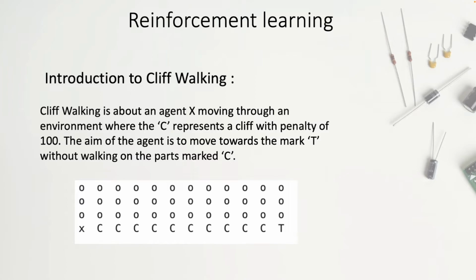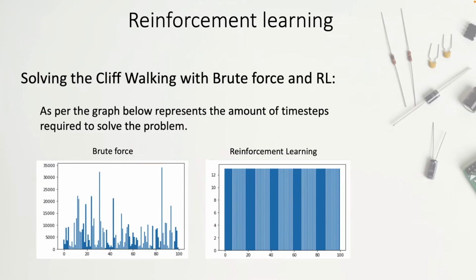Introduction to cliff walking. Cliff walking is about an agent X moving through an environment where C represents a cliff with penalties of 100. Solving the cliff walking problem with brute force and reinforcement learning.